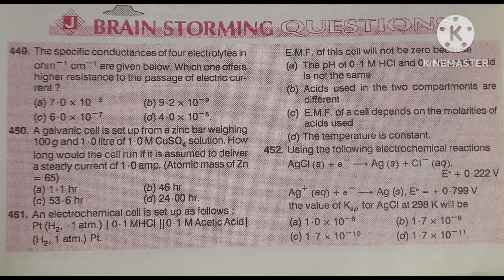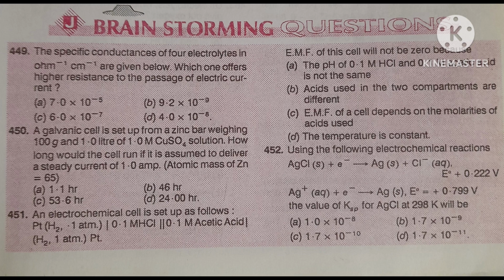For 1 electron, the electricity will be 96,500 coulomb. Then for 2 electrons, 2 into 96,500 coulomb. So to deposit completely 1 mole of copper, because 2 electrons are involved, you will require 2 into 96,500 coulomb.